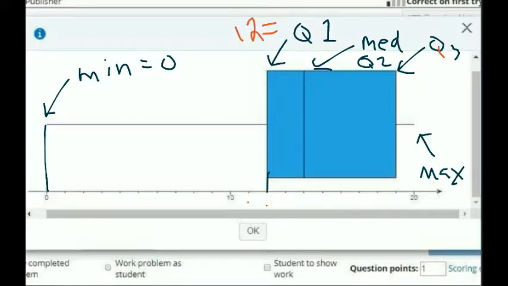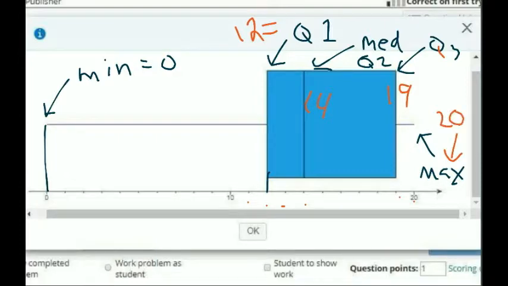And then that's 12, 13, 14, so that means my Q2, which is the median, is 14. And then I look at my Q3, so this is 20, so this has to be 19, so my Q3 has to be 19, and my max has to be 20.